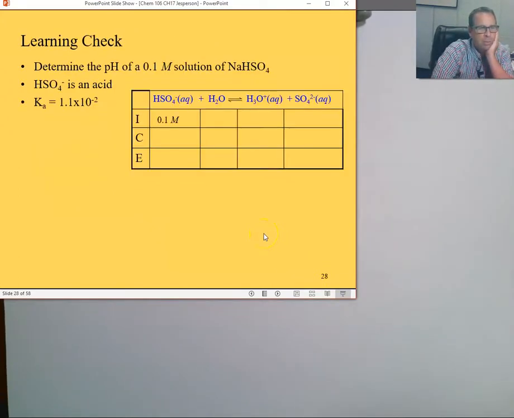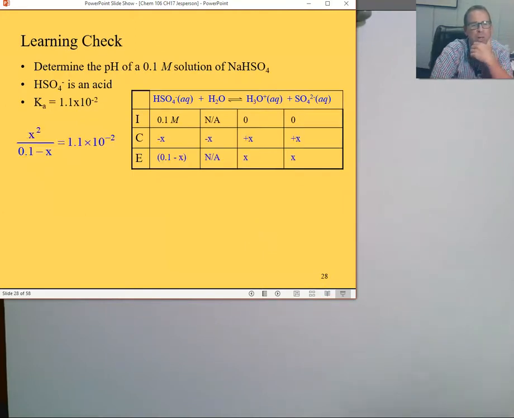Let's just look at this sort of problem here. Here's a situation where we get down to x squared. Hopefully everybody can follow how we are solving this problem. We're trying to identify the pH of a 0.1 molar solution of this material.